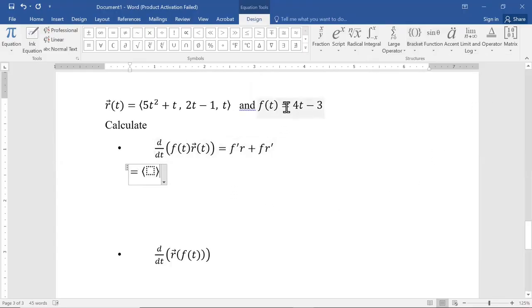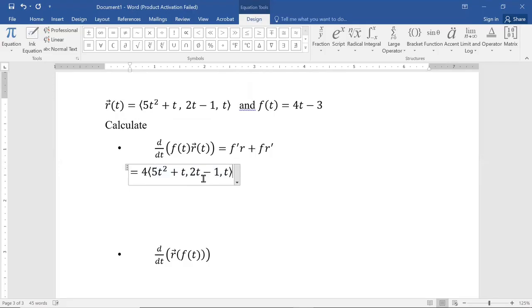So f prime, the derivative of f, is the derivative of 4t minus 3. That's just 4. R is our normal r, so we're taking 5t squared plus t, 2t minus 1, t.